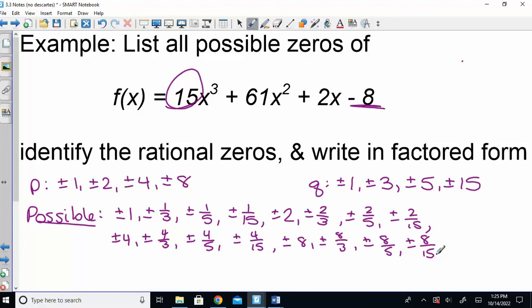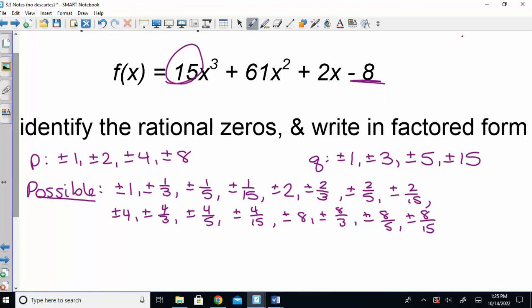If I gave you something like 40 as your constant, everything that goes into 40: 1 and 40, 2 and 20, 4 and 10, 5 and 8. So we could have a list that had a lot of possible zeros. I'm going to pick fairly nice ones, but just recognize that they don't have to be that nice.